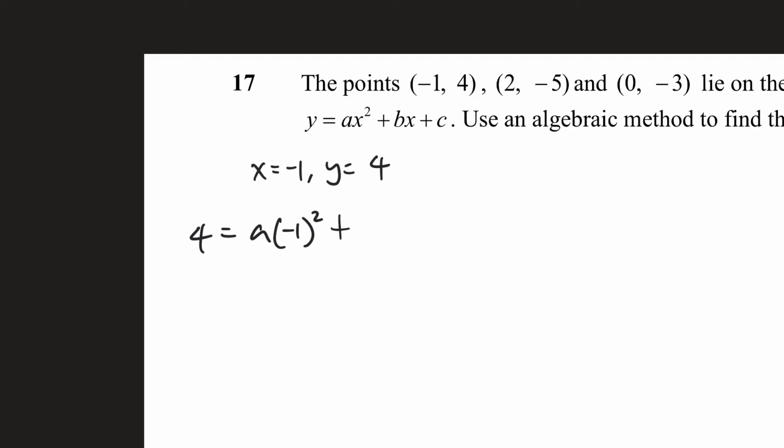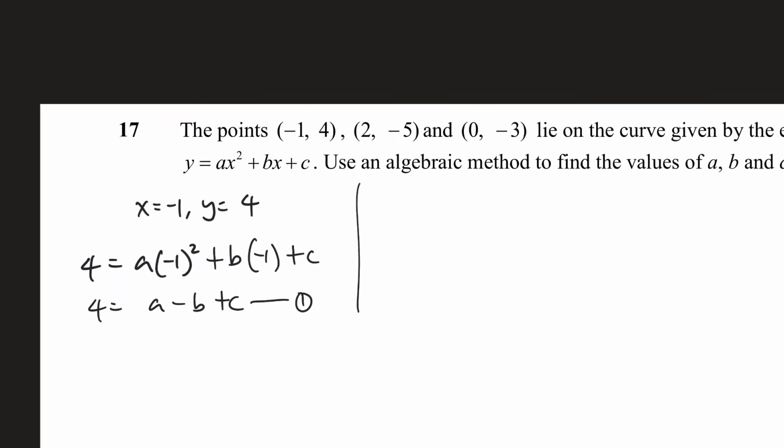Plus B times -1, plus C. If you simplify this, you get 4 equals A. -1 squared, remember if you key into a calculator with the brackets, you should get a +1. So it's just A minus B plus C. Okay, that can be our equation 1.